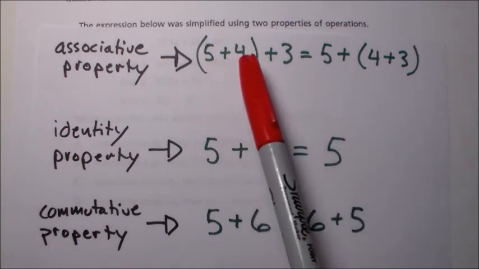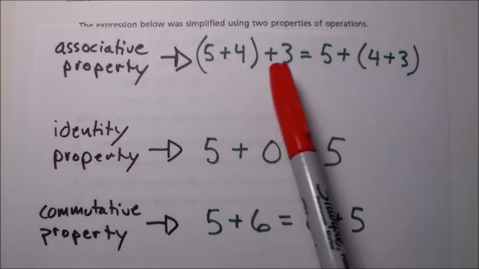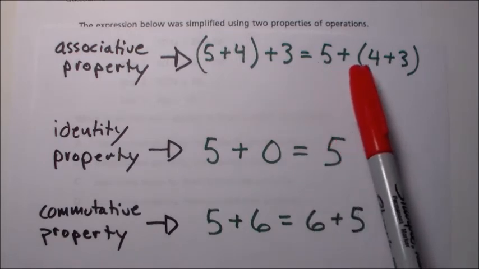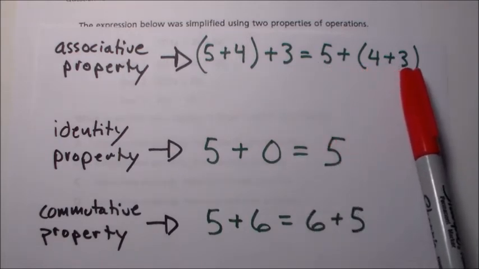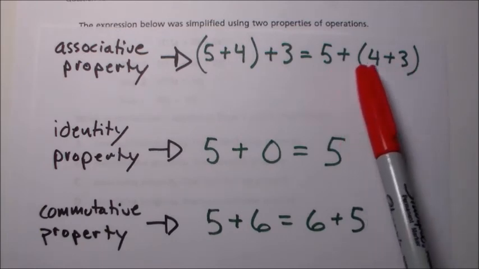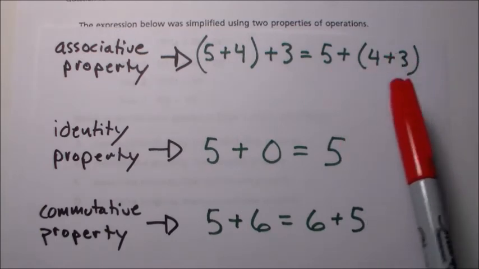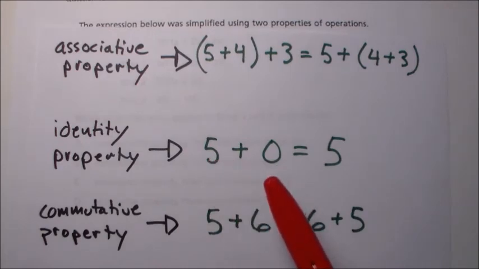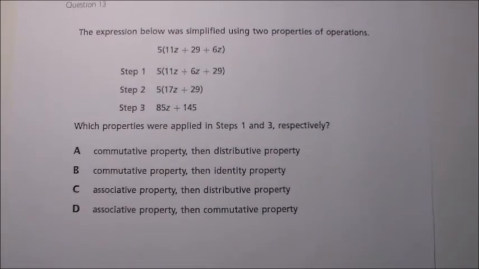So 5 plus 4 in parentheses plus 3, that's 9 plus 3, which is 12, equals 5 plus 4 plus 3 in parentheses, or 5 plus 7, which is 12, because you do what's in the parentheses first. Identity simply means a number plus 0 equals that same number. And commutative means you can switch the order around. Take some notes if you need to. These are definitions you need to know.